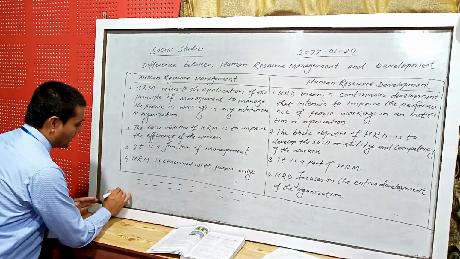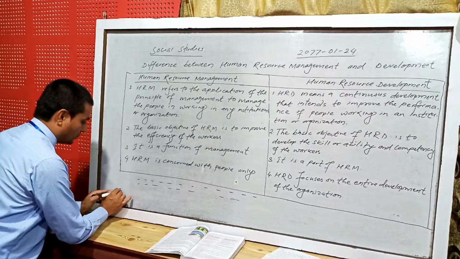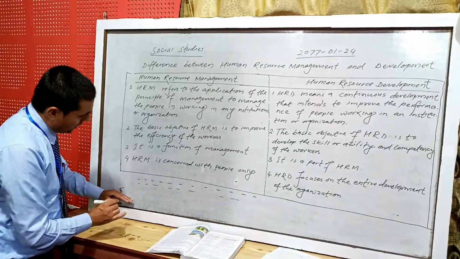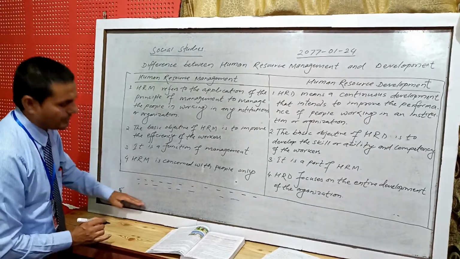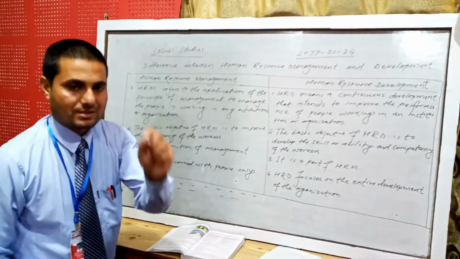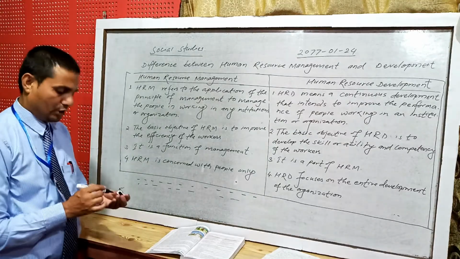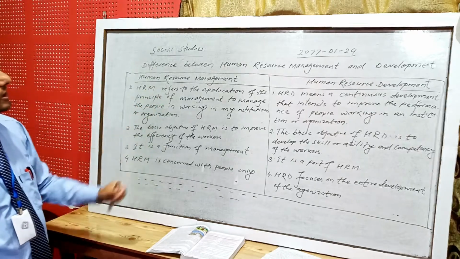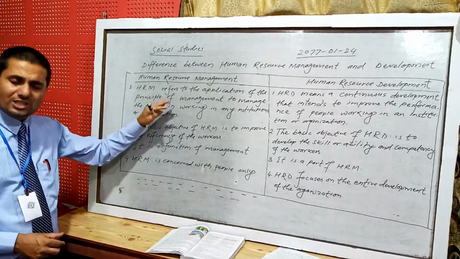Then only start from here. Suppose you are going to do number 3 or 4 or 5, you need to leave 1, 2 lines and go on to the next answer. Dear students, I think now you are clear on it. I think you note it down.